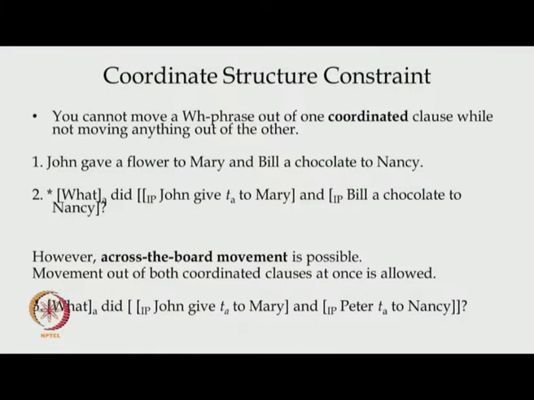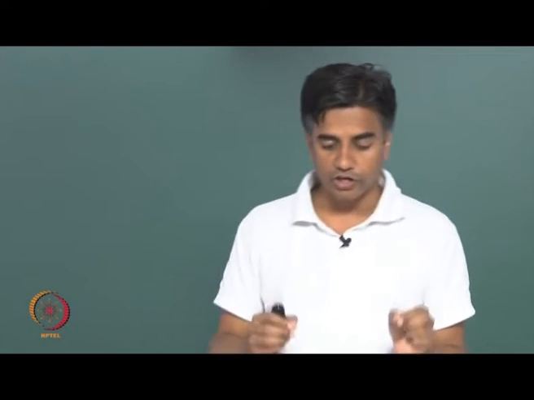A flower to Mary and a chocolate to Nancy. Basically it's two sentences coordinated with and.